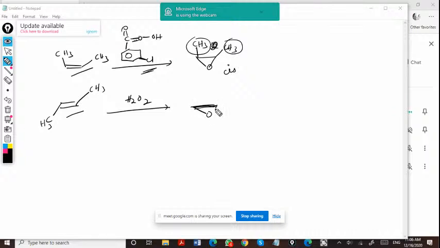There is no change in the stereochemistry for the epoxide formation. Okay. Once this epoxide is opened with a nucleophile, it's going to give trans addition. So a trans product and trans addition will give meso.